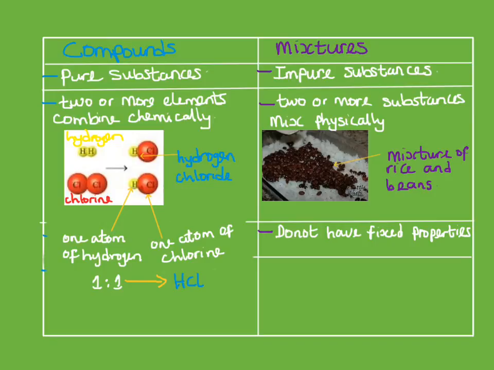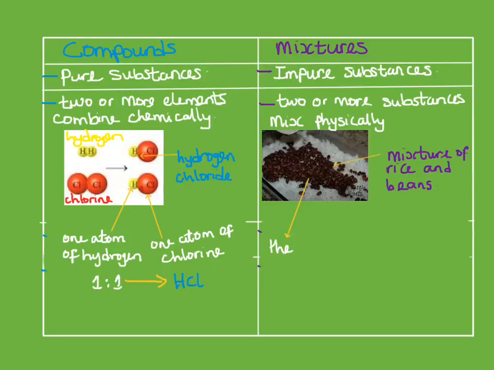While in mixtures, the constituents of the mixture are present in varying ratios. For example, in the mixture of rice and beans, the ratio of rice to beans grains cannot be determined. Tell me, can you count the number of rice grains and beans found in a plate? I don't think you can determine that.